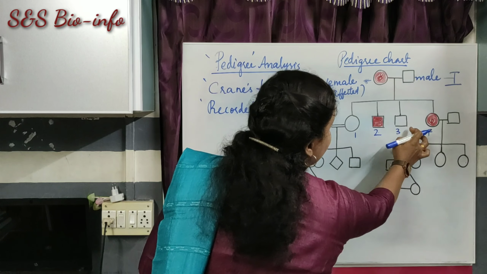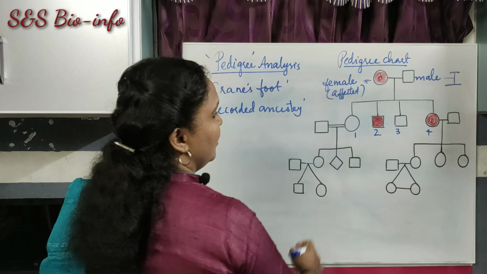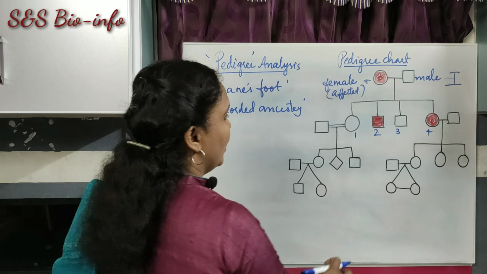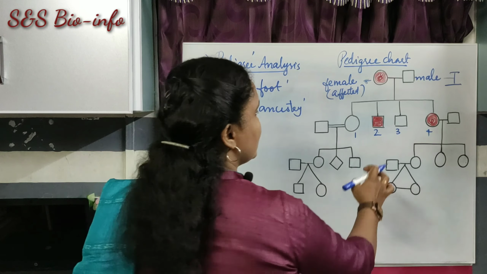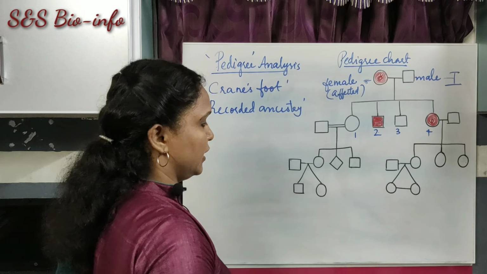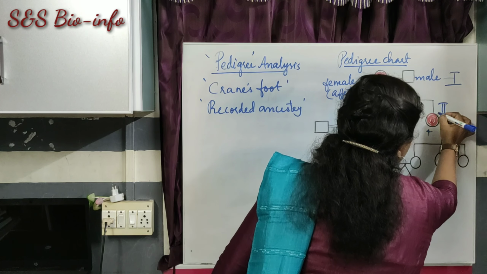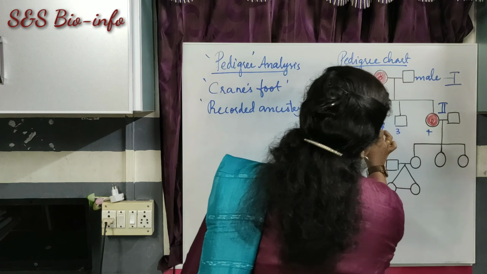Out of these 4 children, the first one and third one are unaffected, while the second and fourth are affected. That means one boy and one girl are affected. So this represents the second generation. In the second generation there are 4 members in this family.